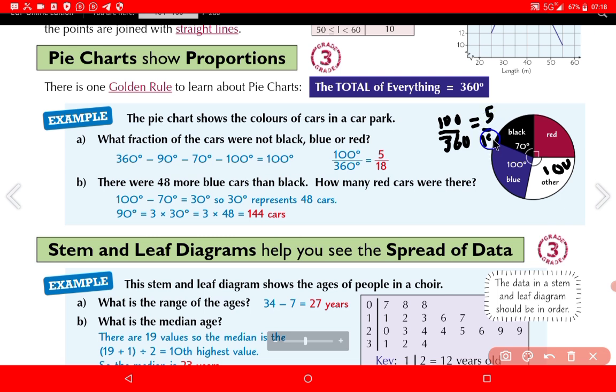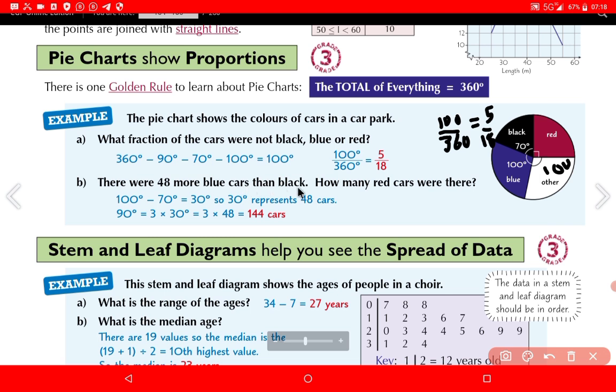There were 48 more blue cars than black cars. How many red cars were there? So you are told that there were 48 more blue cars than black.